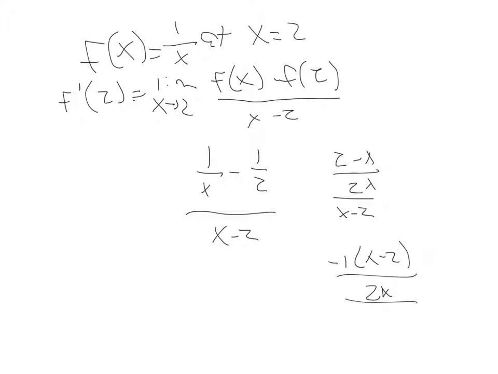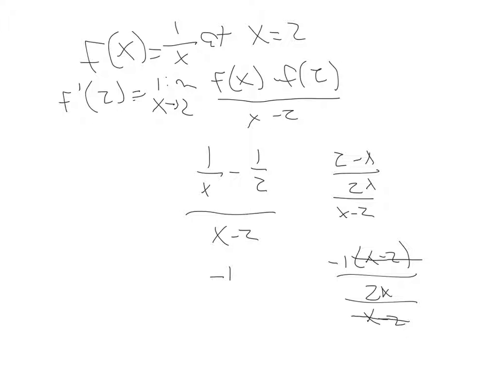I saw my denominator was x minus 2, my numerator is 2 minus x. I know that they're opposites of one another, and I'm sure that they're going to cancel out. So I went ahead and factored a negative 1 out of this numerator to get x minus 2.